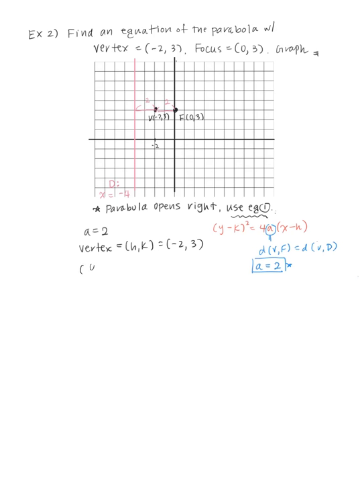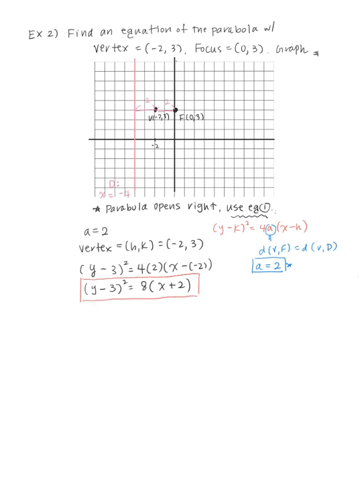We're going to have y minus k, which will be 3, squared equals 4 times a, and then x minus negative 2. So our equation is y minus 3 whole quantity squared equals 8 times x plus 2. So this is the equation that we're looking for.